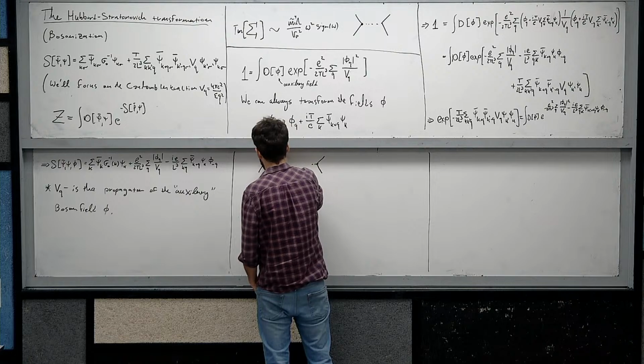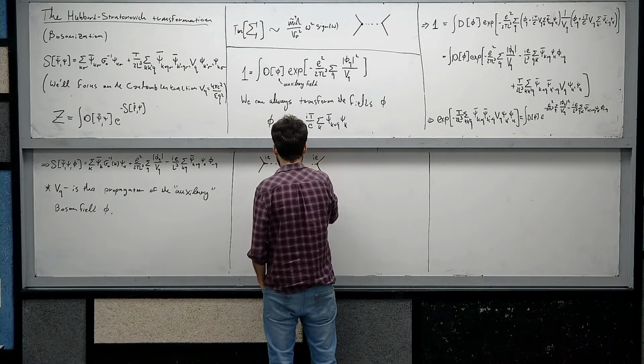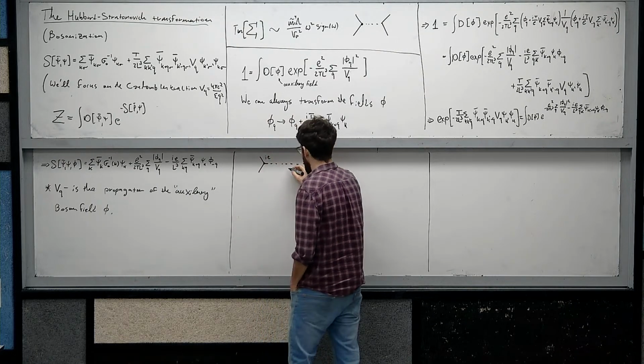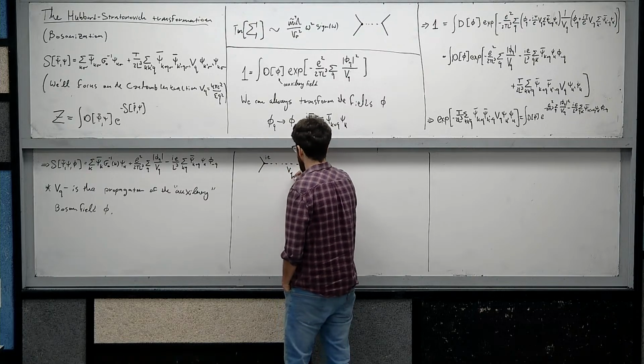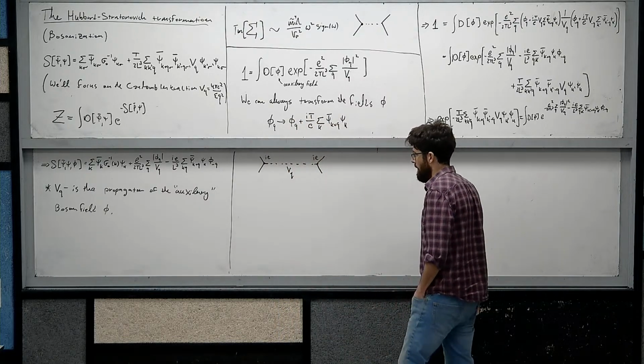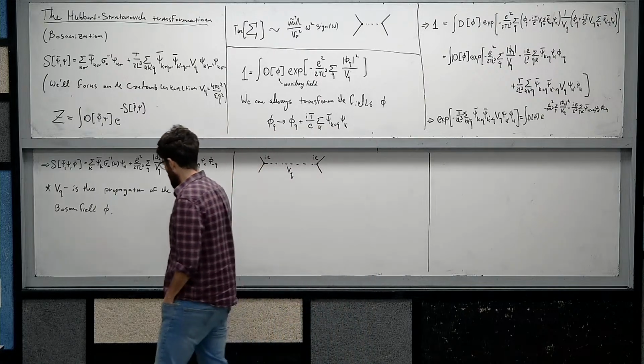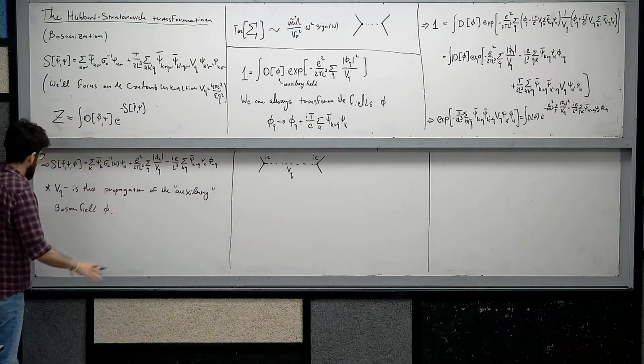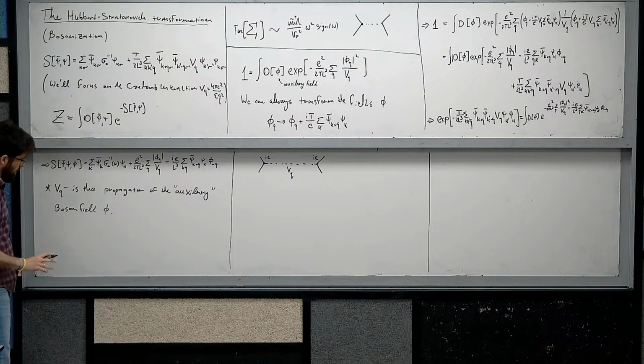This is like a IE, and then we have a propagator that connects them, VQ. Okay, and we'll see how it works out in a moment, but that's the first comment I wanted to make.